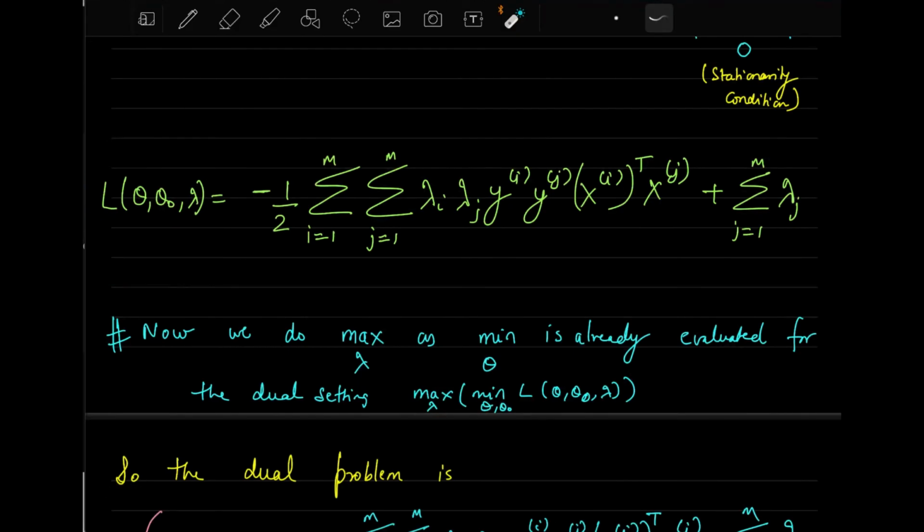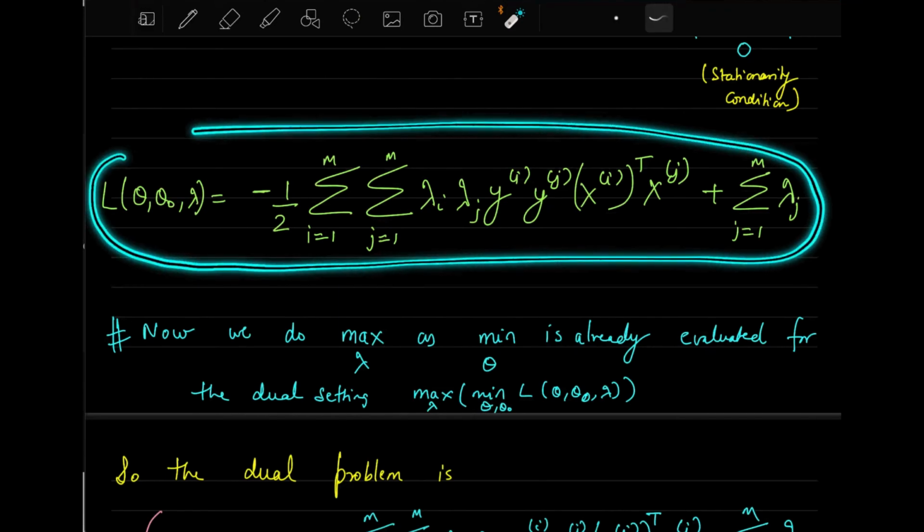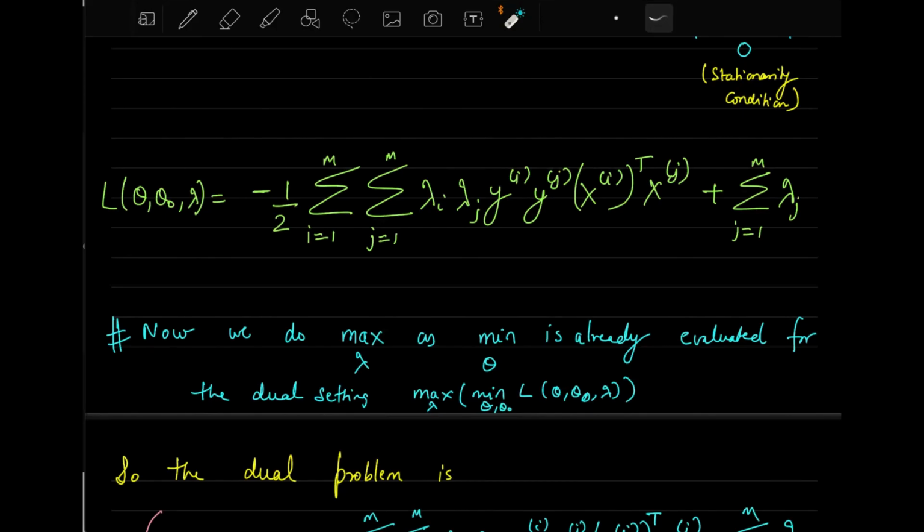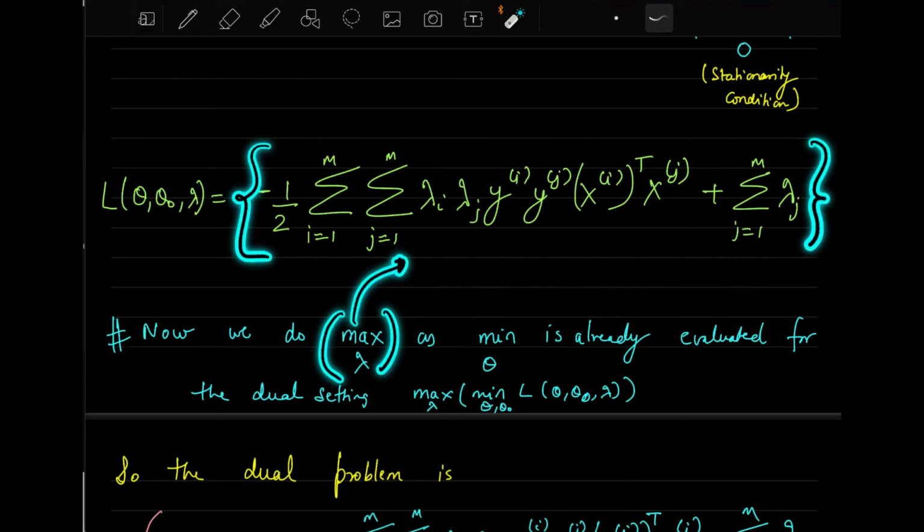So the important thing is this Lagrangian function we got here, and now if you remember, we have to take the maximum over lambda. We have to maximize over this lambda, because the minimum over theta is already done, and we substituted that value of theta to get this expression, and we want to calculate the maximum of this.